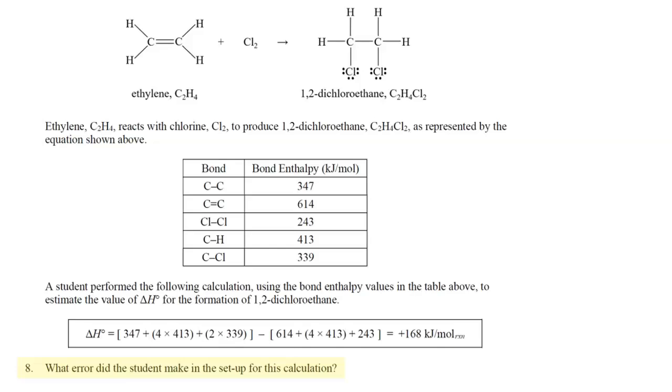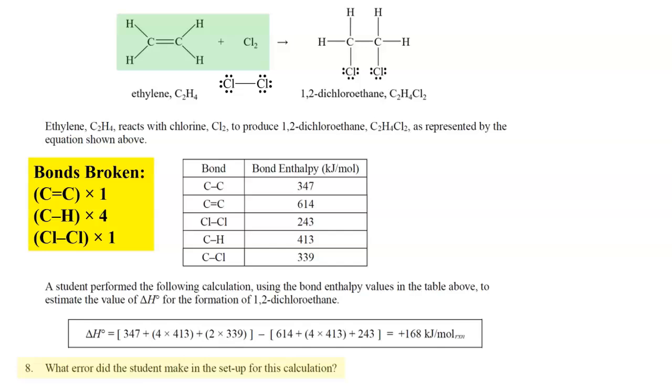So it's going to be bonds broken minus bonds formed. Let's start with the ethylene and the chlorine. Now, the Lewis diagram for chlorine is going to be a chlorine-chlorine single bond, and we can see that that is one of the bonds listed in the bond enthalpy table. So here are all the bonds broken in this reaction.